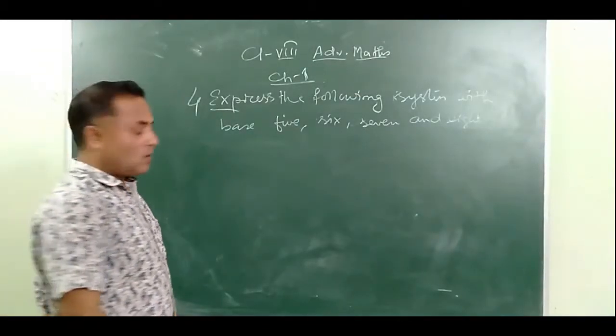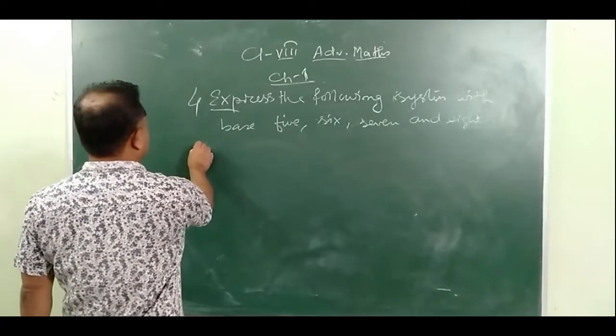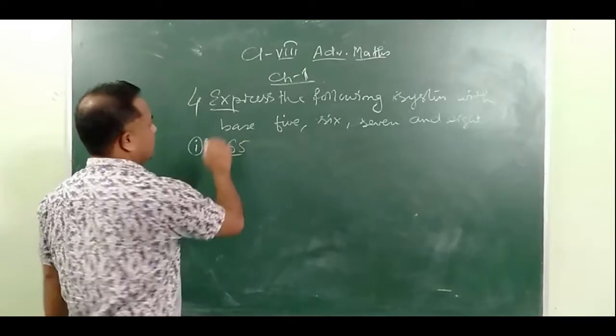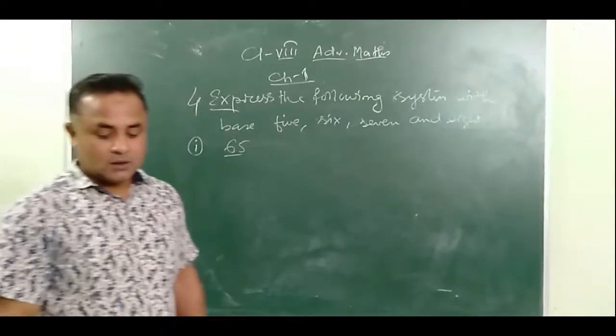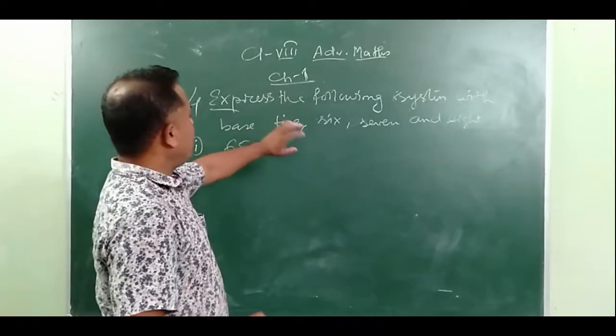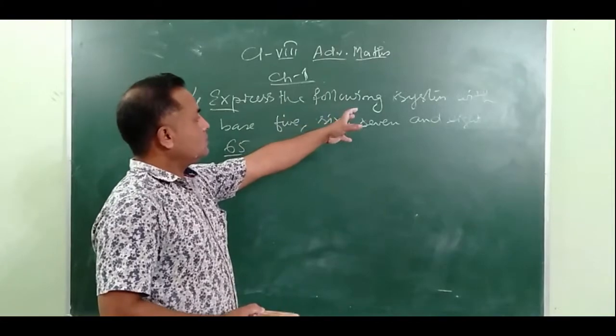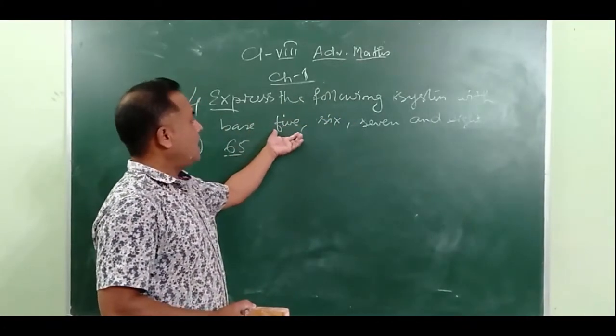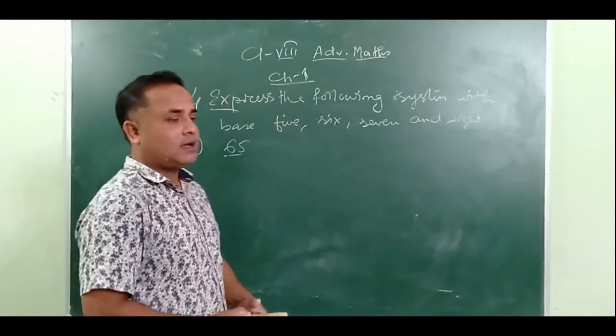Now let's take one number, that is 65. What you need to do is find out the following numbers with base 5, base 6, base 7 and 8.